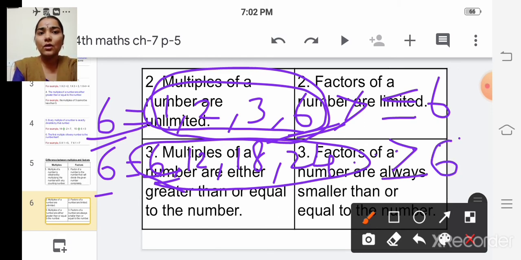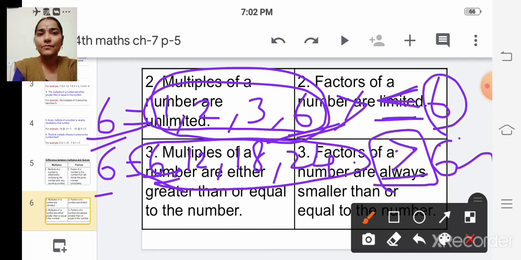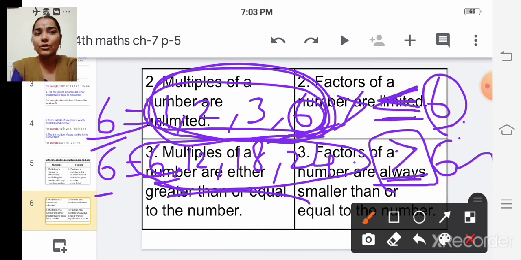So that's what they have given. Multiples of any number are either greater than or equal to the number, but factors of any number are less than or equal to the number. All these numbers are less than or equal to 6, but the multiples of 6 are all greater than or equal to 6.